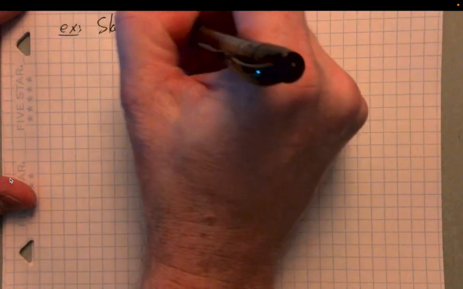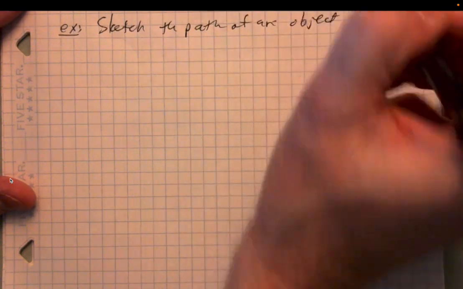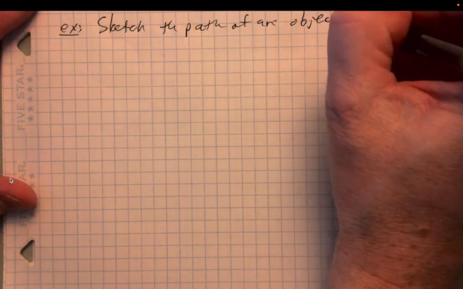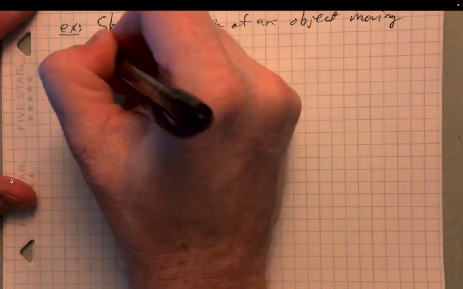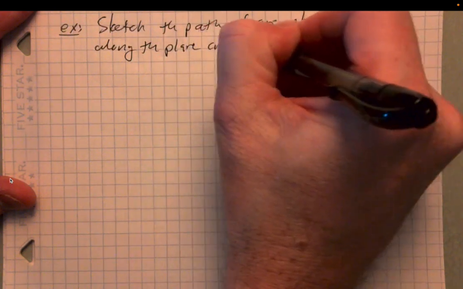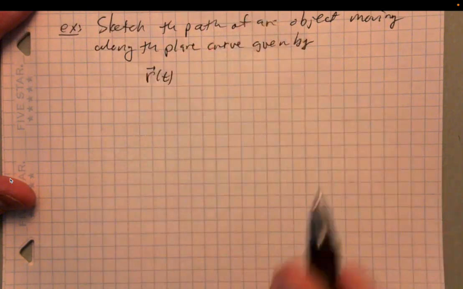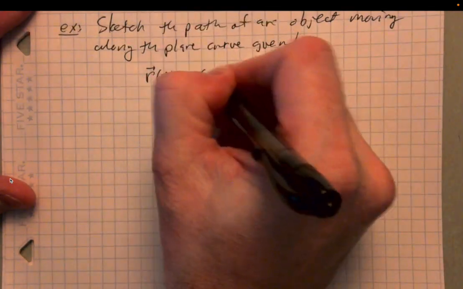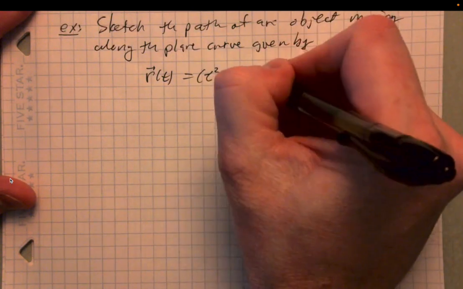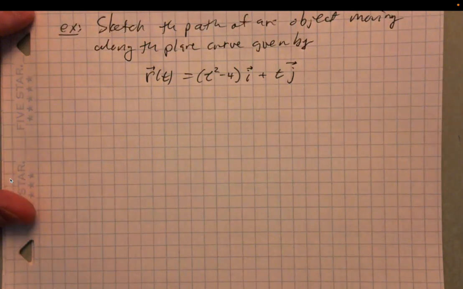Let's sketch the path of an object moving along the plane curve given by the position vector r(t) equals (t squared minus 4) times the i vector plus t times the j vector.